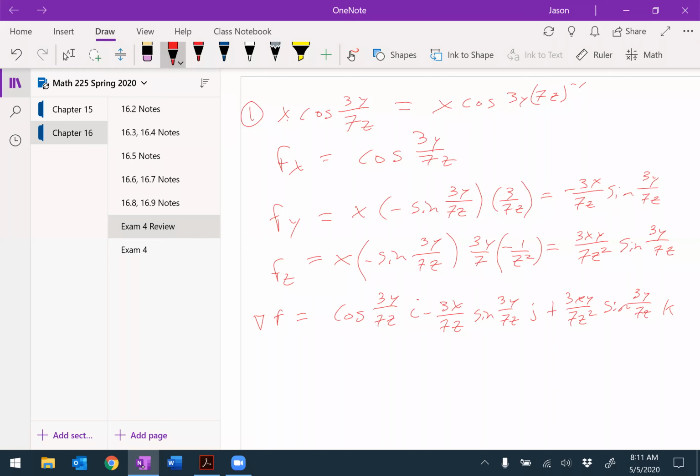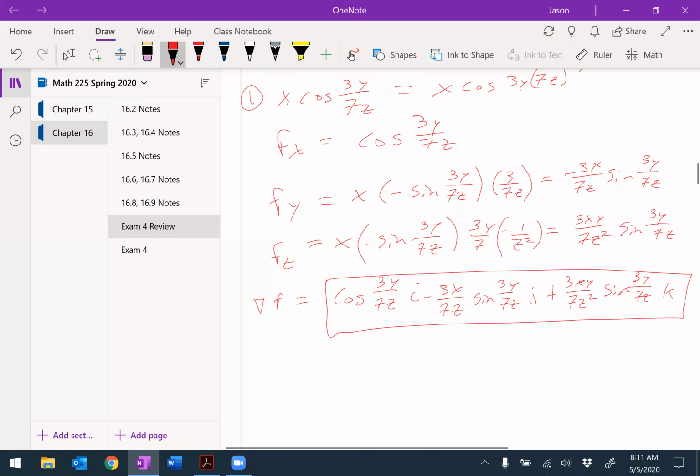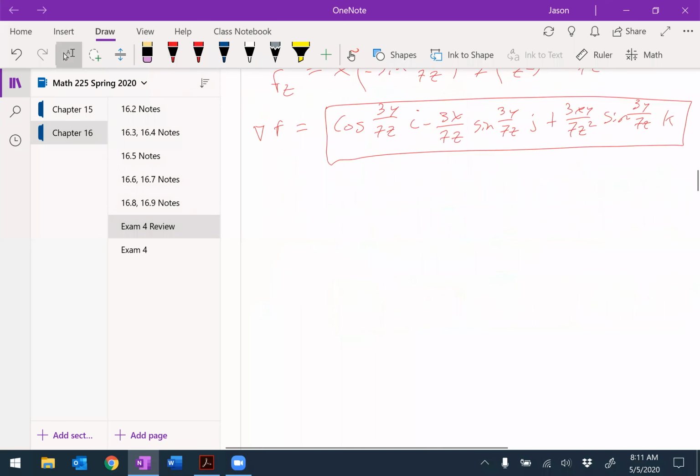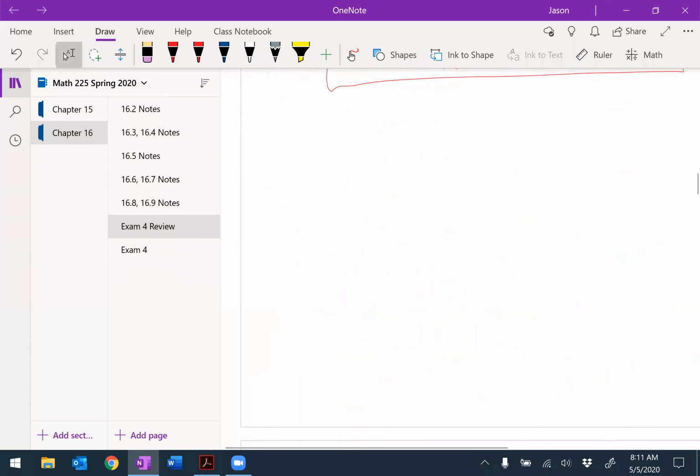And that's my gradient. Okay. If you have any questions on anything, please let me know.